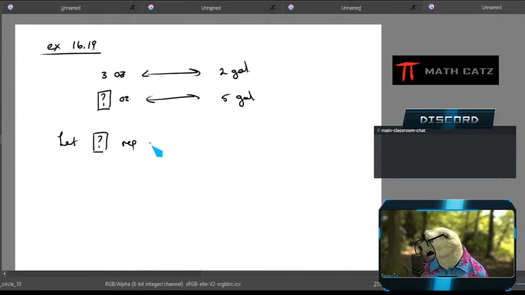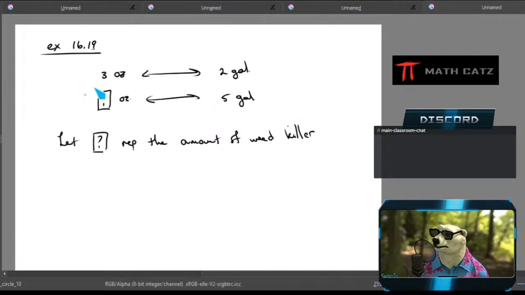It's going to represent the amount of weed killer for 5 gallons of water. We're not flipping units or anything like that. If there's no unit issue, don't make an issue out of it.